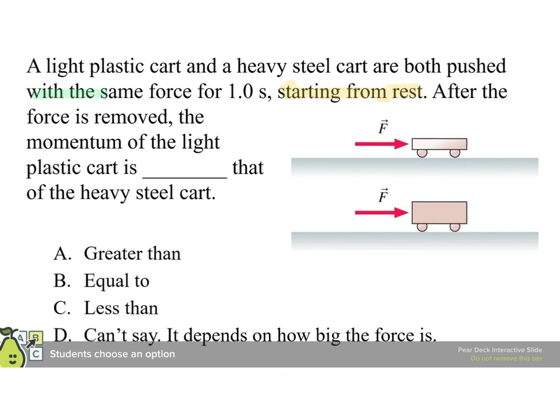Both pushed with the same force for the same time. What does that mean? Same impulse. So since the final momentum is the initial momentum plus J, and we started with the same initial and the same J, we'd better get the same final momentum.